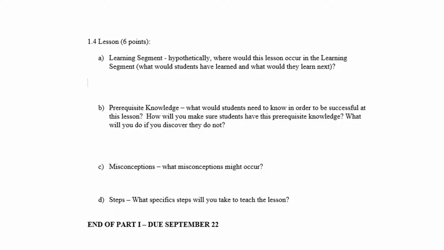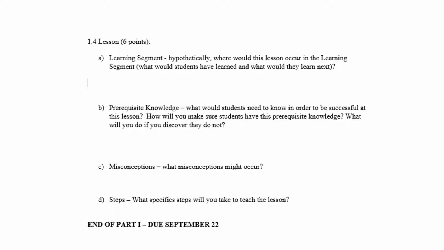But what I do want you to do is to take my feedback into account and then make any changes on your document in red so that the next time you submit, which will be for part 2, I can go back and make sure that you have taken my comments into consideration, and I can look at the red parts and see if you've gotten a better part 1.